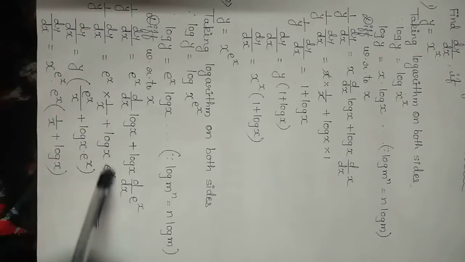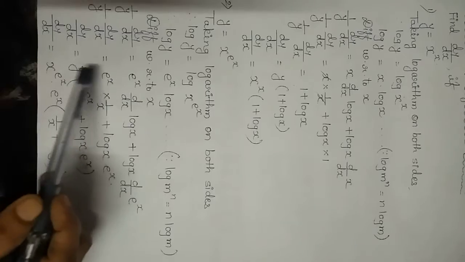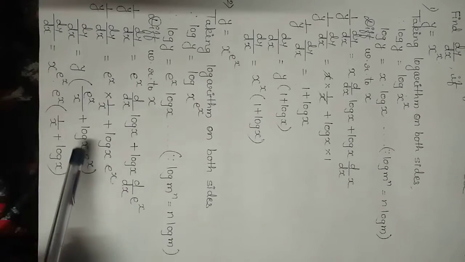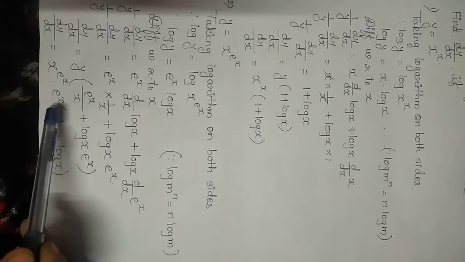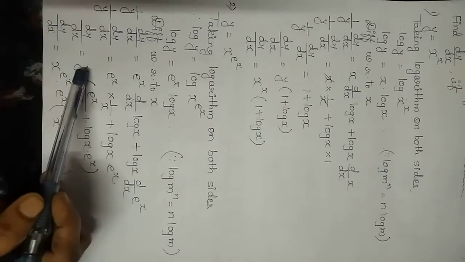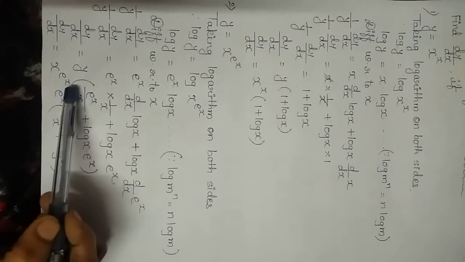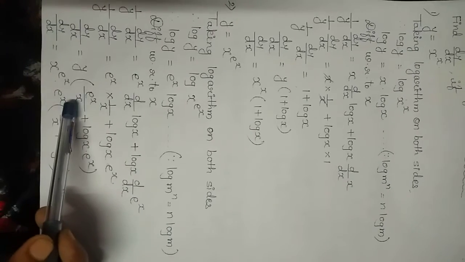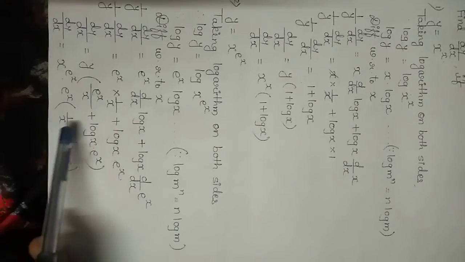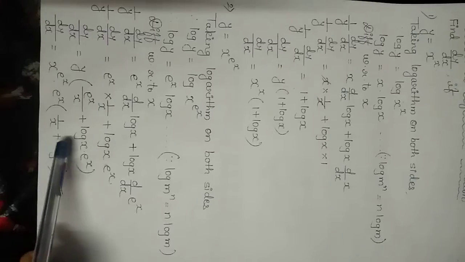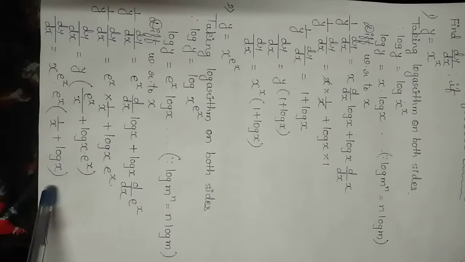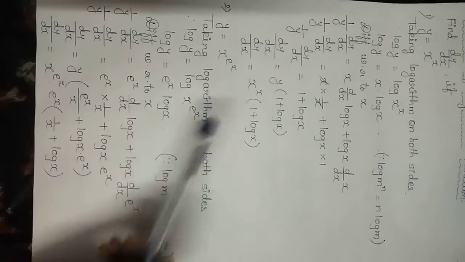Now here shifting y to this side and we can take e raised to x common. So resubstituting the original value of y here, x raised to e raised to x, and e raised to x which we have taken common, in bracket we will get 1 upon x plus log x. So this is the derivative of the given function.